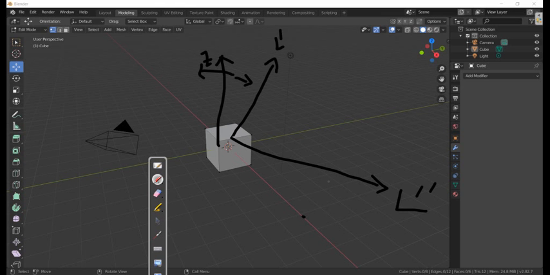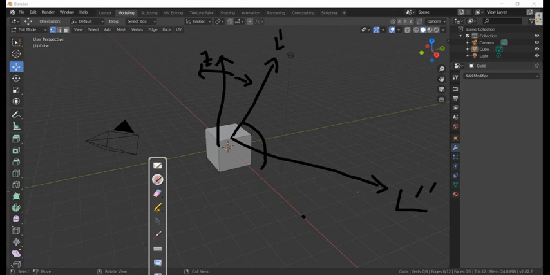You can achieve this by rotating the line L by the angle the line is making with this primary plane. You can see that this line L dash is making some angle with the xy plane. If you rotate this line L dash by that angle, it will be on the primary plane xy.